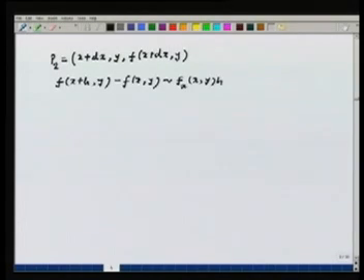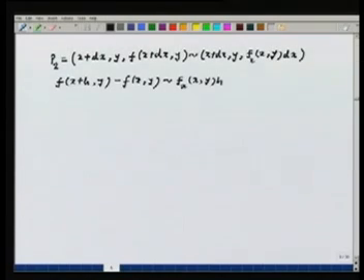That is the linearization of this curve. Now if I use this, then this P2 turns out to be (x plus dx, y, f(x, y) plus fx at (x, y) dx), where fx stands for the partial derivative. So I am using the linearization of the curve.